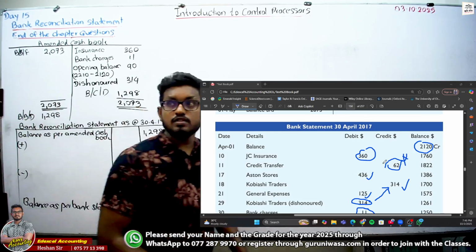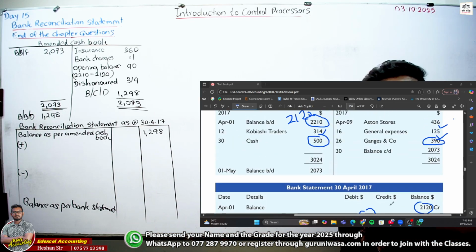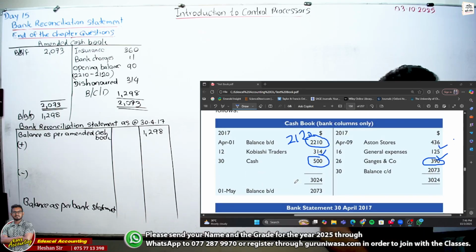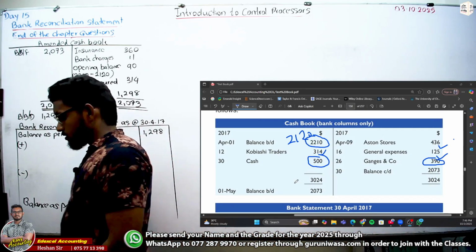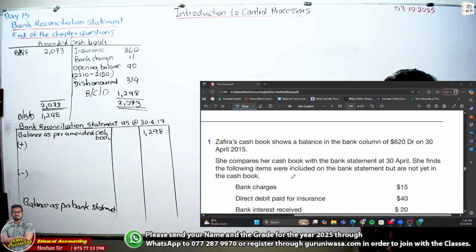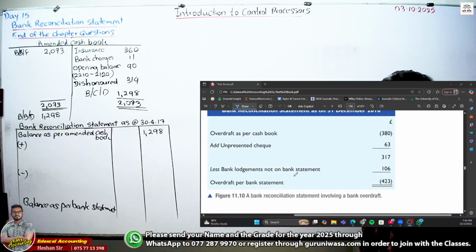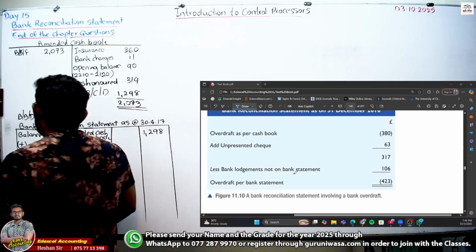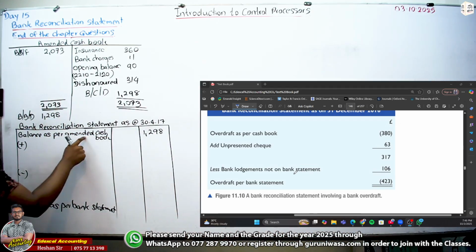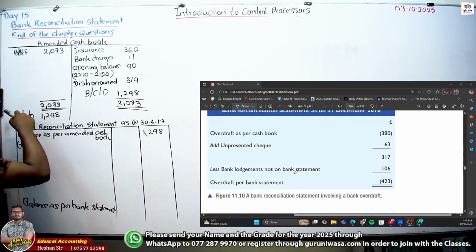Let's see the first one. 500. This is bank lodgement not entered in the bank, which we call bank lodgements not on bank statement. It appears in the cash book debit. The amended cash book is also the cash book, because first we prepare the cash book and then amend it.